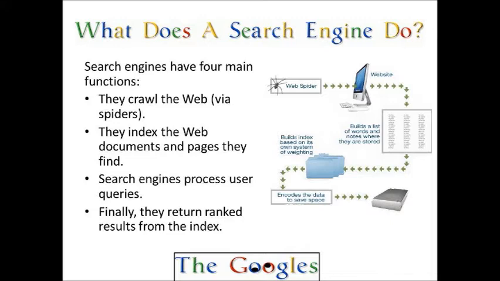When a user enters a query into a search engine, typically by using keywords, the engine examines its index and provides a listing of best matching web pages according to its criteria, usually with a short summary containing the document's title and sometimes parts of the text.